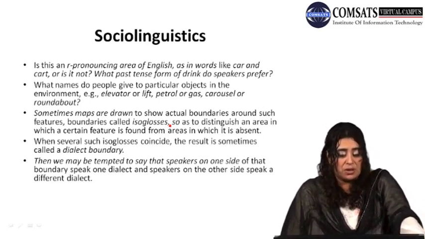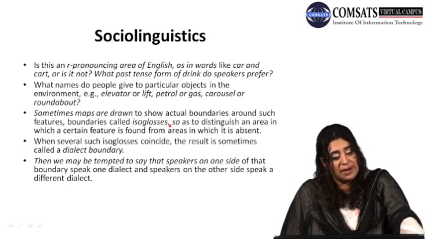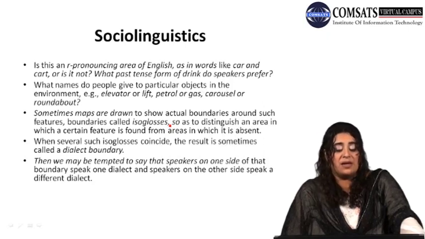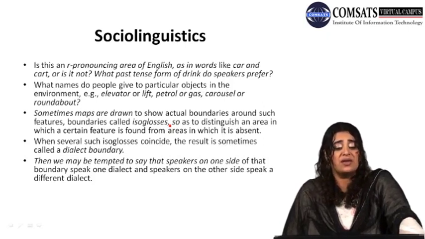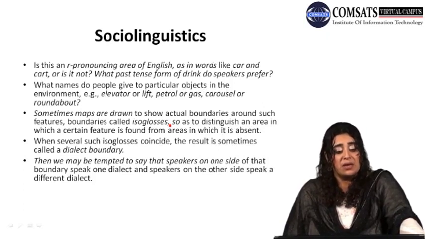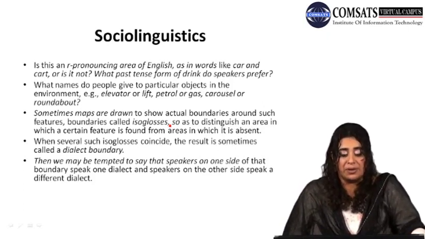So boundaries called isoglosses distinguish an area in which a certain feature is found from an area in which it is absent. When several such isoglosses coincide, the result is sometimes called a dialect boundary.